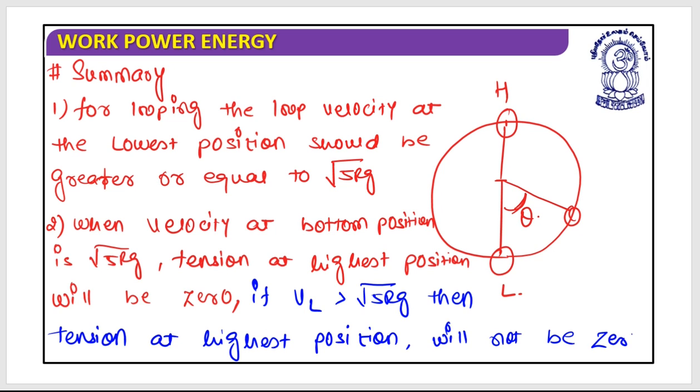Yes, we must keep this in mind, that it is not always the case that tension at the highest position would be 0. Tension at the highest point could be 0 if velocity at the lowest position L is root 5rg. If it is greater than root 5rg, then tension at the highest point will not be 0.